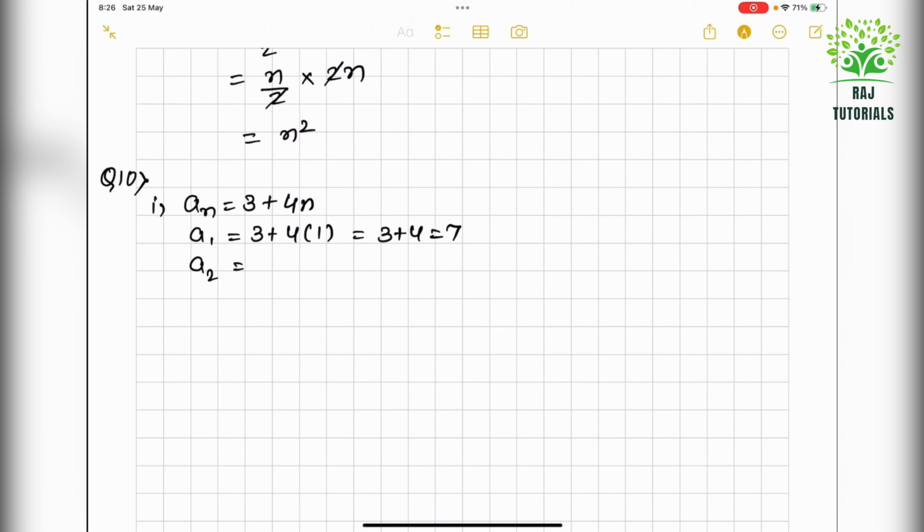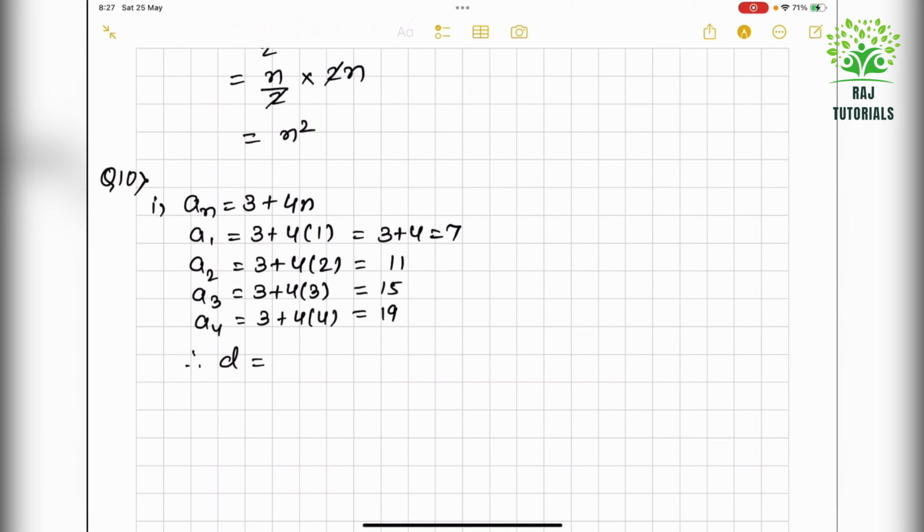A2 will be 3 plus 4 into 2, so 8 plus 3, 11. A3 will be 3 plus 4 into 3, so that will be 15. A4 will be 3 plus 4 into 4, so 19.